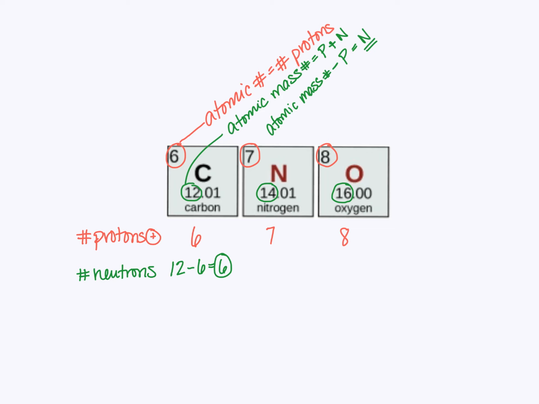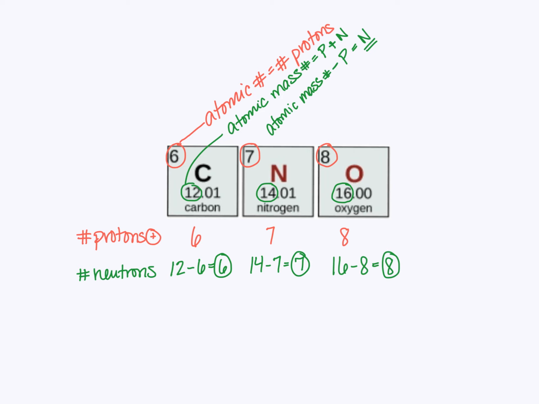For nitrogen, we can take the atomic mass number of 14, subtract 7, which is the atomic number, which tells us the number of protons, and our answer is that nitrogen has 7 neutrons. For oxygen, we can take the atomic mass number of 16, subtract 8, which is the number of protons, and we get an answer that oxygen has 8 neutrons.